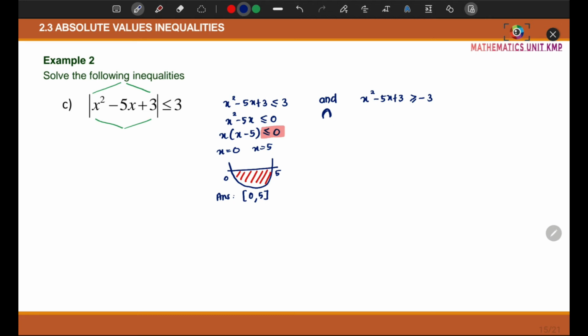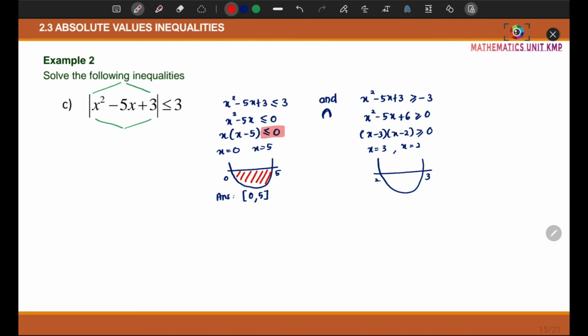Okay, next we have x squared minus 5x, so 3 plus 3 is equal to 6, greater than 0. So we factorize. We have x minus 3 and x minus 2 greater than or equal to 0. So the root is x equal to 3 and x equal to 2. So using graphical approach to get the answer.